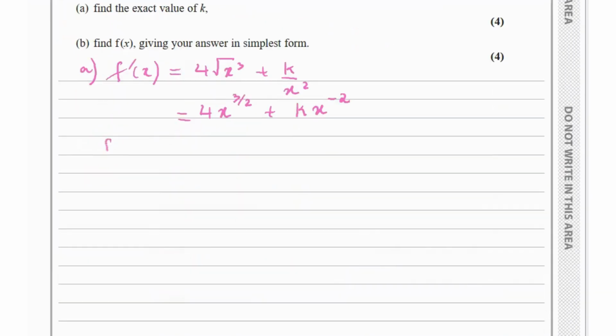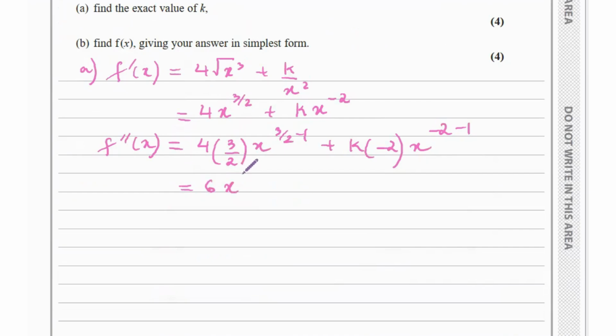Now we differentiate this. Bring the power down, subtract 1 from the power, again bring the power down, and subtract 1 from the power. That's going to be 6x to the power of 1 over 2 minus 2k x to the power of -3.